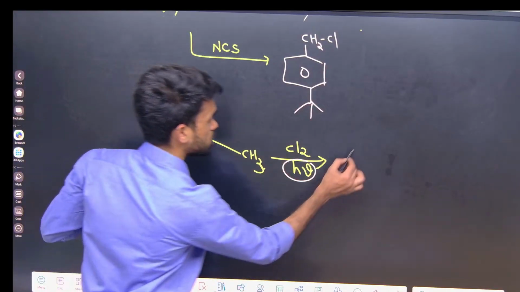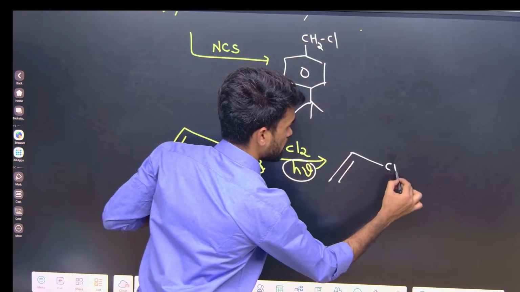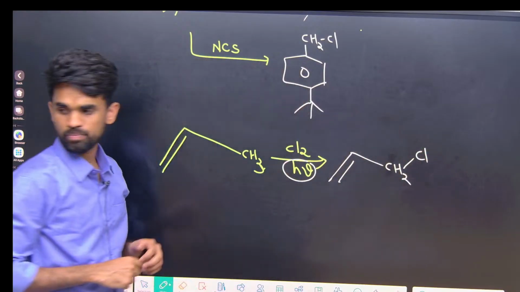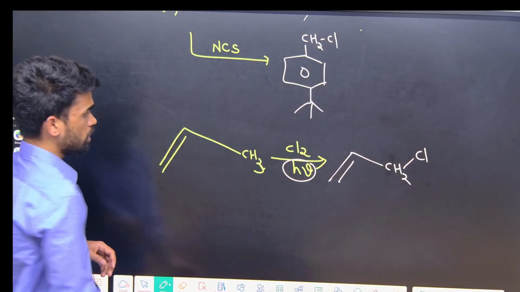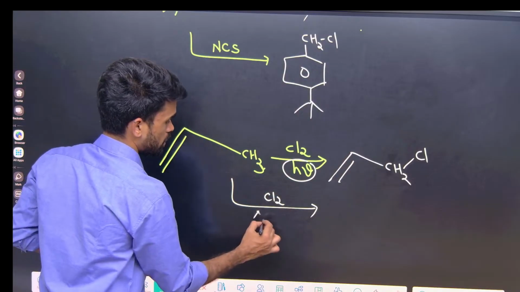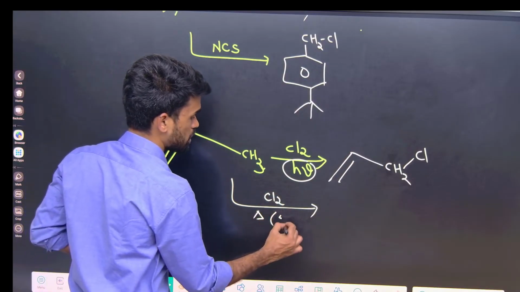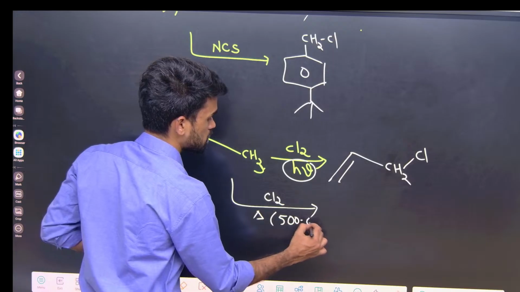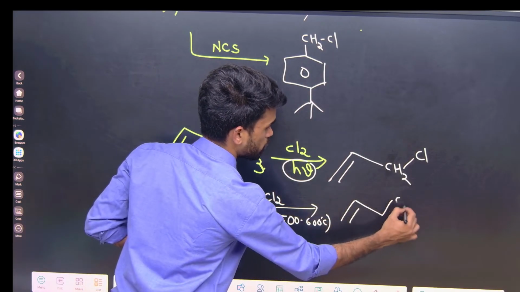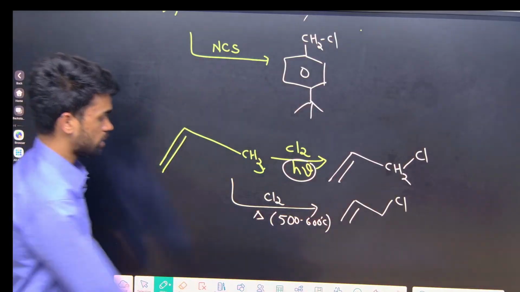Wherever the allylic position is there, you will get chlorine, CH2Cl. The same reaction may also be mentioned with chlorine under heating conditions, 500 to 600 degrees Celsius. Products will be formed the same way. Okay, remember.